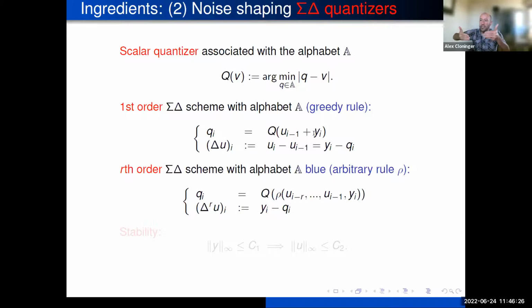So if I'm getting in a bunch of numbers where I can round them to 1, but each time I'm building up error, then at some point, even though I probably should have rounded to 1, I'm instead going to round to -1 to make sure that I keep that error bounded. That's what's called a sigma delta quantizer. First order just means I pay attention to the error from the previous point. Rth order means I pay attention to the running tally of the last R points I've had come in. And this is stable.